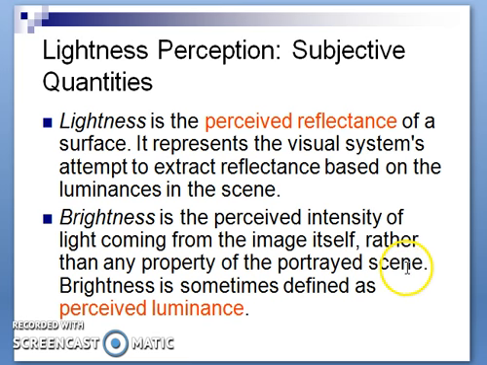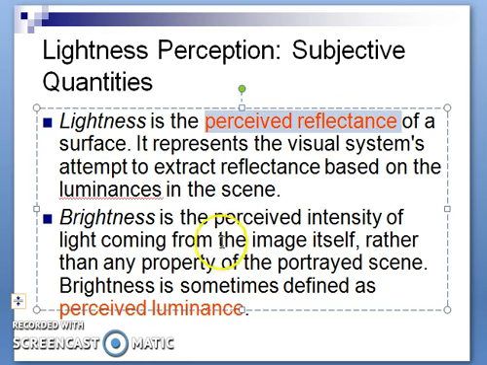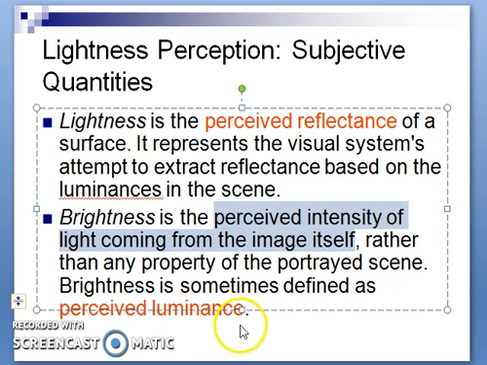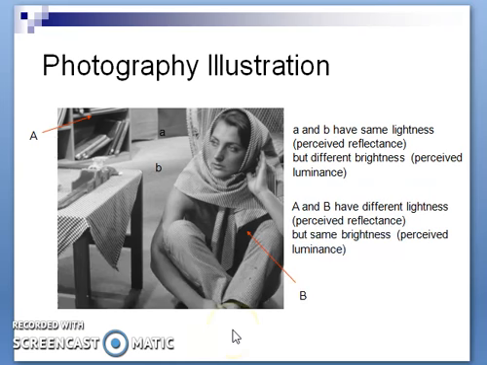Lightness perception. Now, lightness is the perceived reflectance of a surface, and brightness is the perceived intensity of light coming from the image itself. Sometimes brightness is also called perceived luminance. This is a photograph which shows the illustration of a woman.